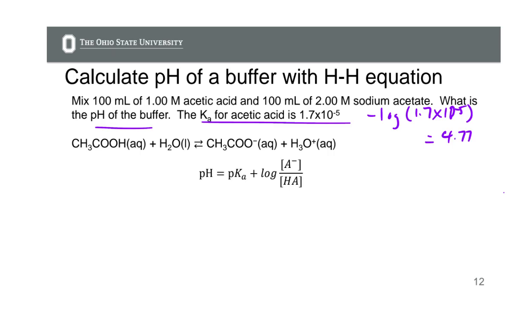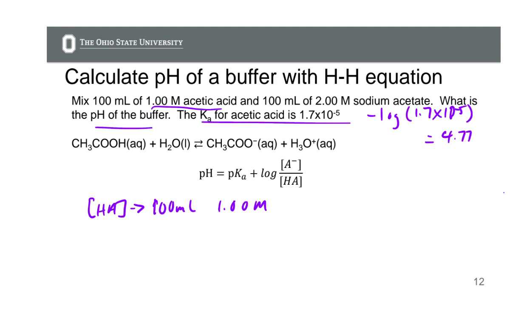We need concentrations, all right? So we have to figure out concentrations of HA, or acetic acid, and for the sodium acetate. For the acetic acid concentration, we know we have 100 milliliters of 1 molar acetic acid.